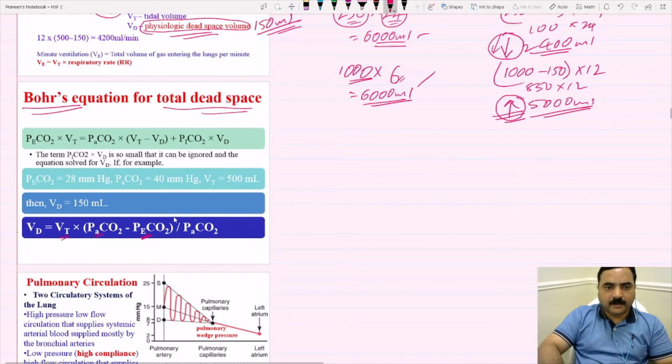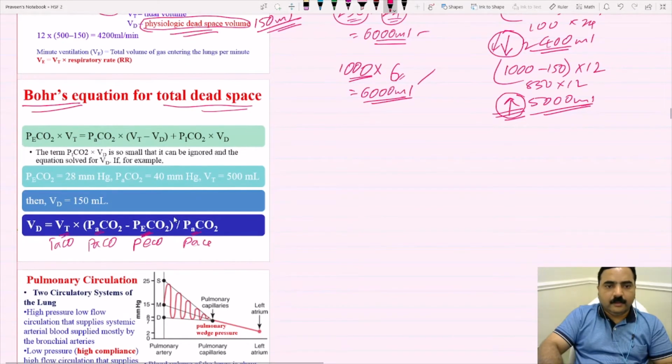We call this TACO: the tidal volume, and then PaCO2, PECO2, and PaCO2. That gives a mnemonic like taco, paco, peco, paco, just rhyming words to memorize it.